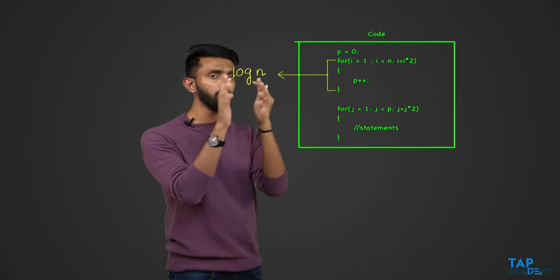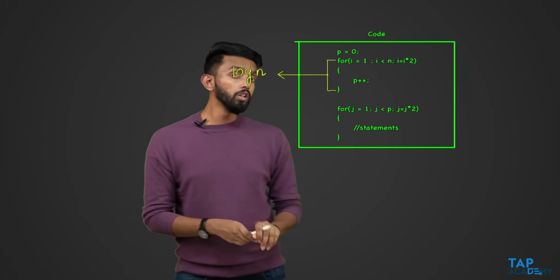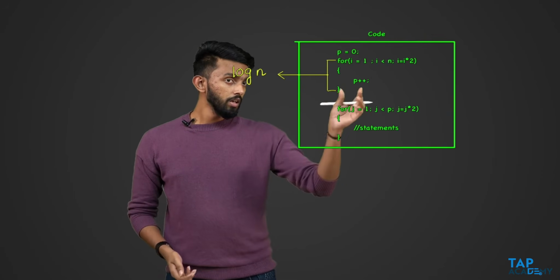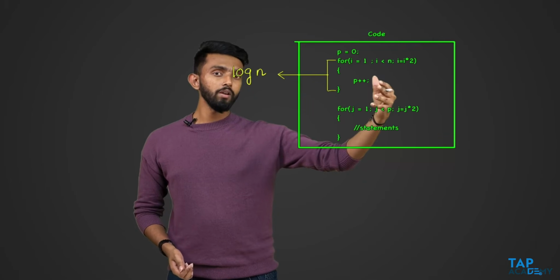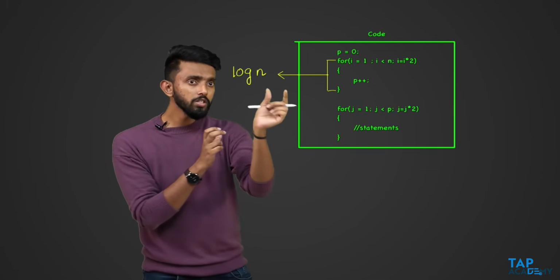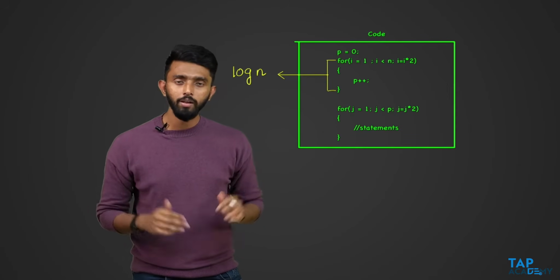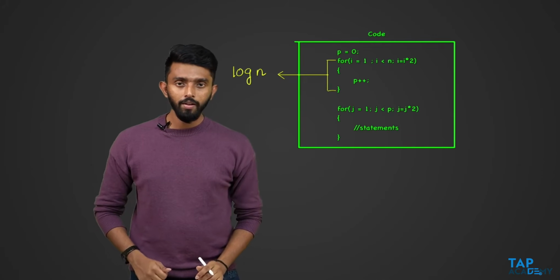Base 2, sir? Yeah, I know that, but I'm just writing it as log n. Any confusion till here? Also, one thing for you to understand is, this p value, how many times it will execute. If you analyze the complexity of this statement, don't you think this statement is also log n only? Log n times. How many times it will execute, that many times it will increment. So it is log n.